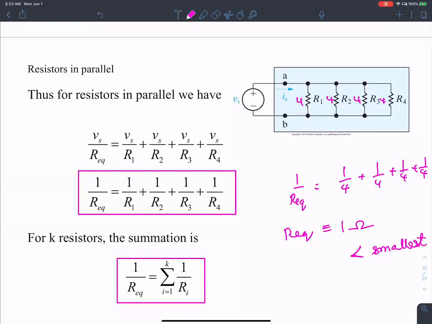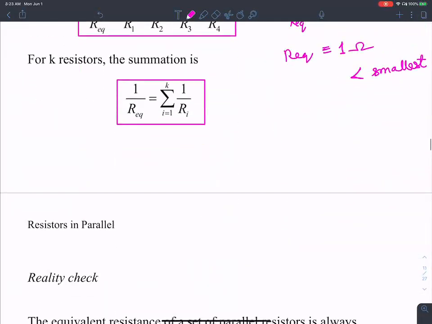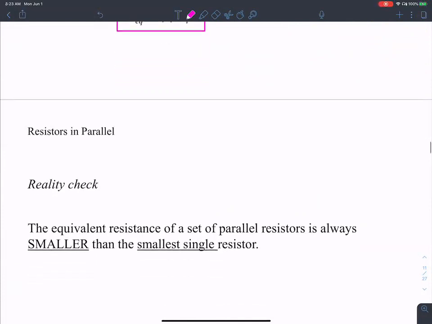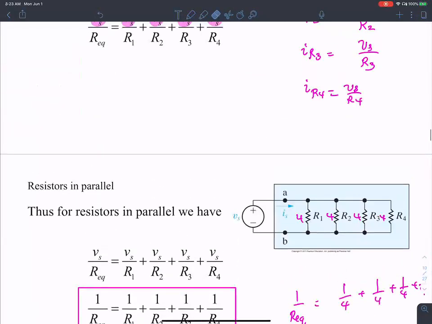The equivalent resistance is lower than the lowest of the resistances. If we have a bunch of resistors, we know for a fact that the equivalent resistance is lower than the lowest resistance. So the equivalent resistance of a set of parallel resistors is always smaller than the smallest single resistance. So that's the idea of resistances in parallel.